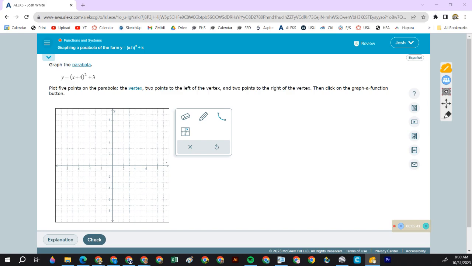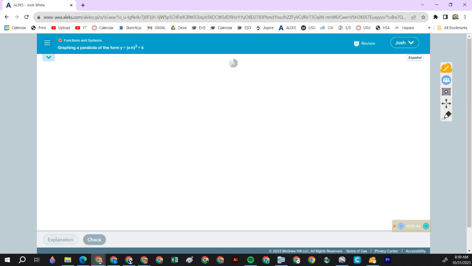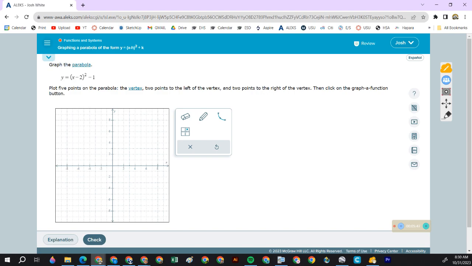So let's do another one. First, we need the vertex. The opposite of this would be positive 2, and then negative 1, so we're right there. Then our pattern is over 1, up 1, over 2, up 4, over 1, up 1, over 2, up 4.